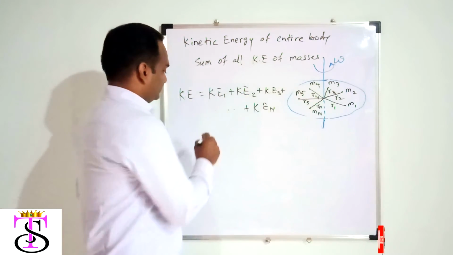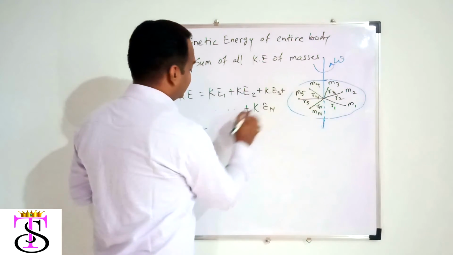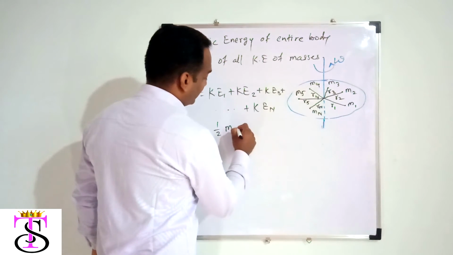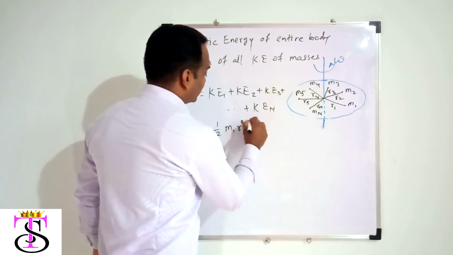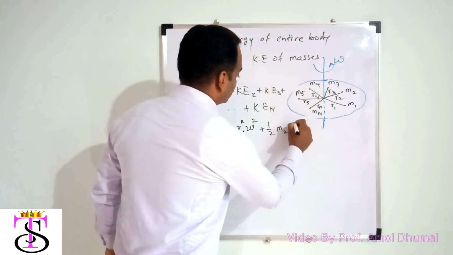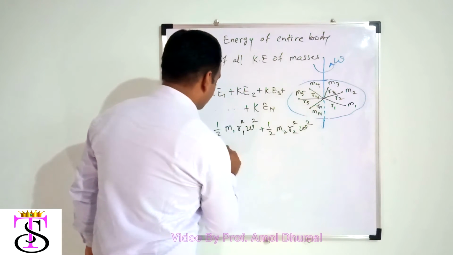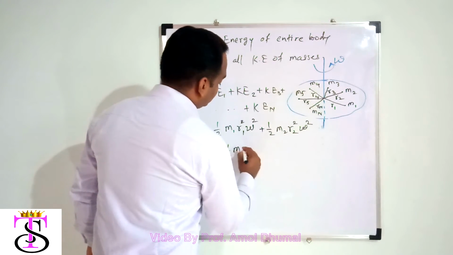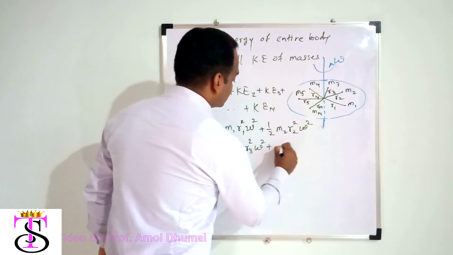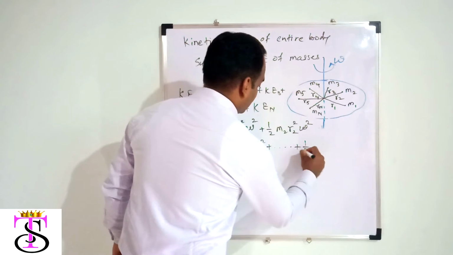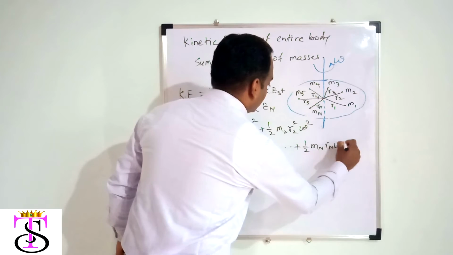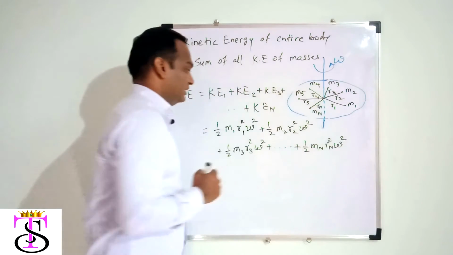So putting the values of these kinetic energies, we have 1/2 m1 r1 square omega square plus 1/2 m2 r2 square omega square plus 1/2 m3 r3 square omega square plus 1/2 mn rn square omega square.